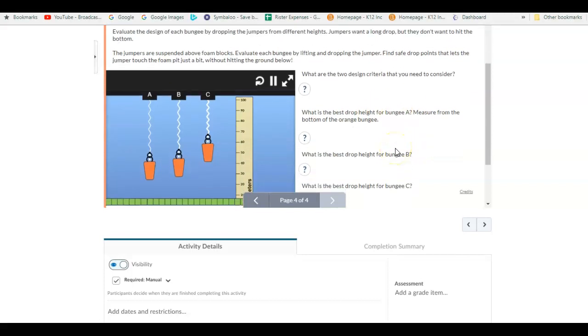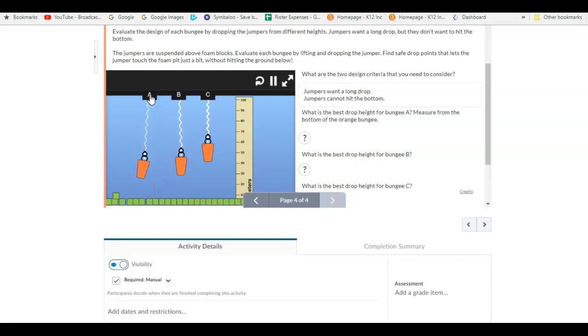What are 2 design criteria that you need to consider? Remember, the jumpers want a long drop, but they also cannot hit the bottom. If we look at A, we've got this spring here. It says you pull them up to the top and drop.